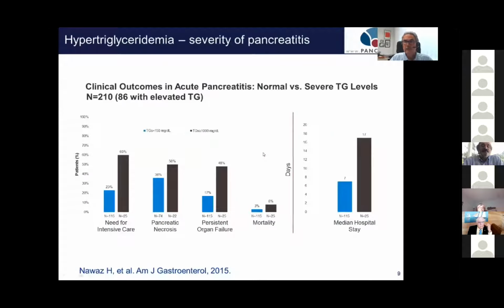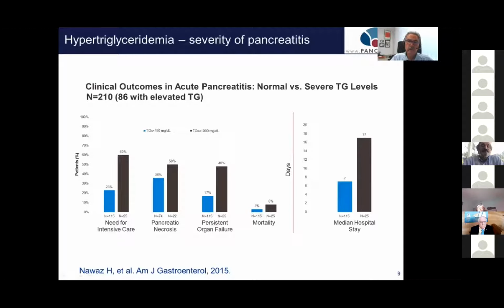Dave Whitcomb and his group looked at the triglyceride levels of the patients in their cohort. What they found is that the need for intensive care, the advent of pancreatic necrosis, or persistent organ failure were all greater when triglyceride levels were elevated in his patients.